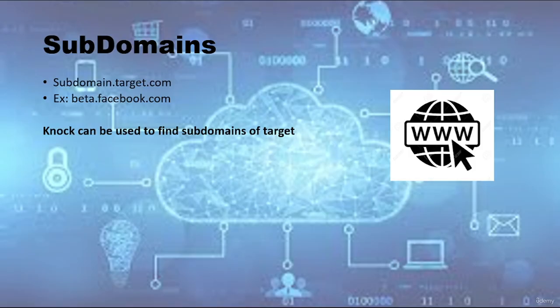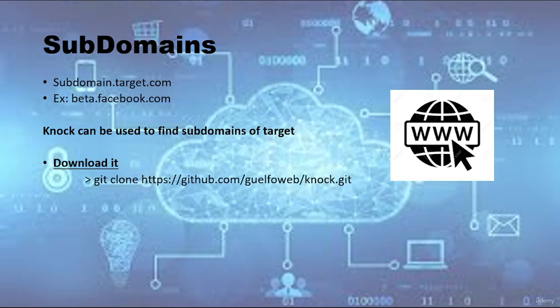We can use a tool called Knock to find subdomains. We can download it using git clone, like I told you how to do in the Linux basics. Then we navigate to the knock folder.